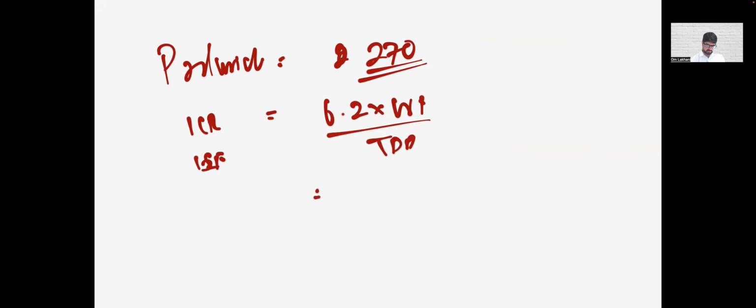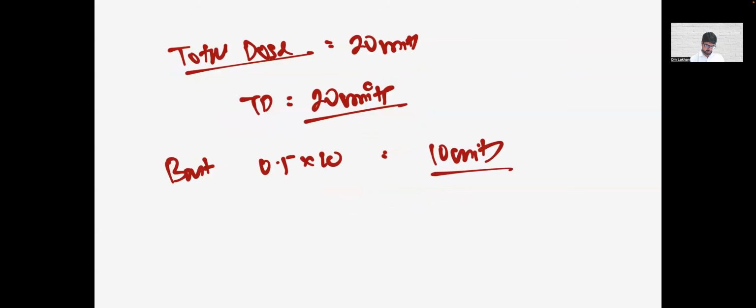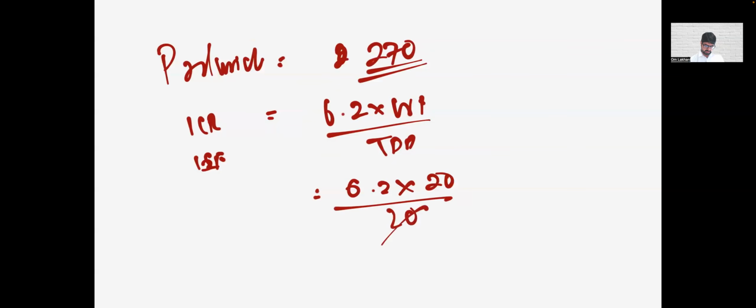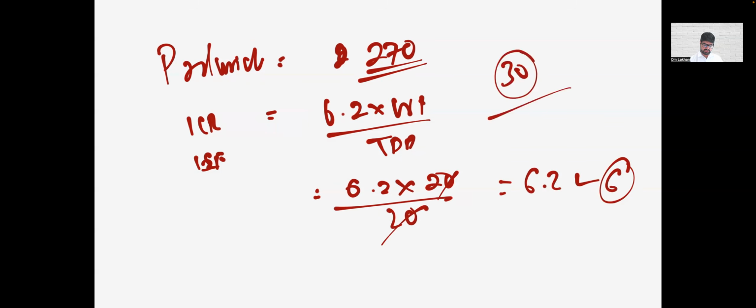So 6.2 into the child's weight of 20 kg, and his total dose was 20 units. So this comes to 6.2, approximate this to 6. Now let's say the child is going to consume 30 grams of carbohydrates. So 30 divided by 6 will be 5. So you'll be giving 5 units of bolus because of the food he's going to eat.